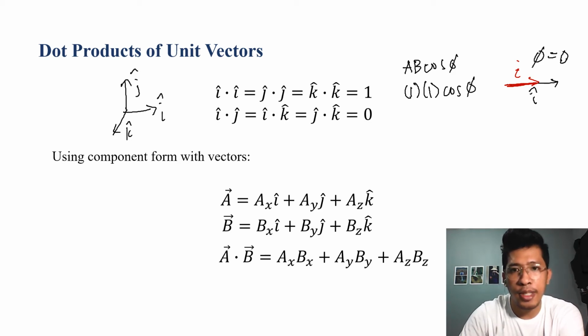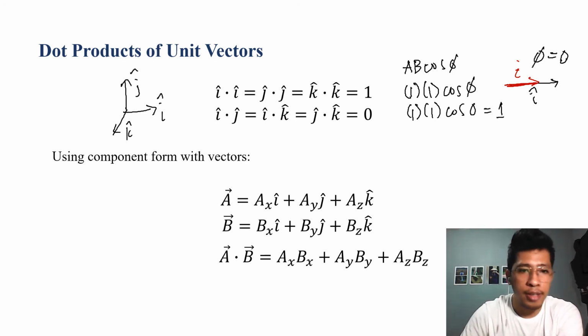And what is cosine 0? Cosine 0 is just equal to 1. So that means the dot product of i hat dot i hat is equal to 1. So you have 1 times 1 cosine 0. Cosine 0 is 1, so that is equal to 1.